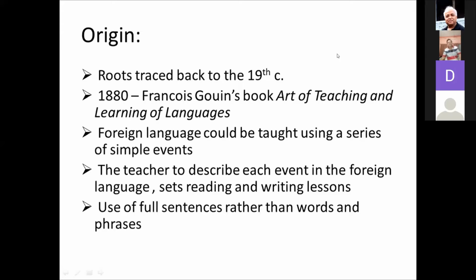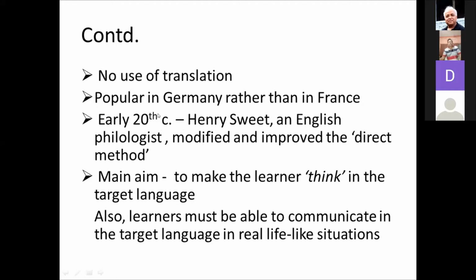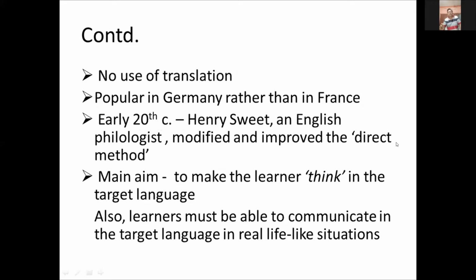So in the direct method, as you will see in slide 3, there is no use of the translation technique. In the grammar translation method, the mother tongue was used indiscriminately to help the student understand the meanings of words and concepts.